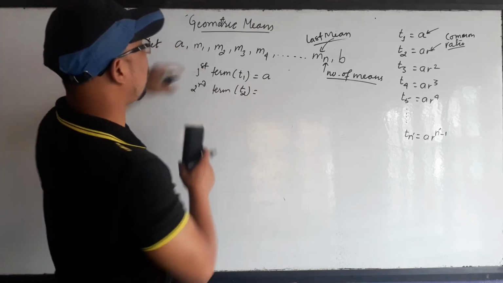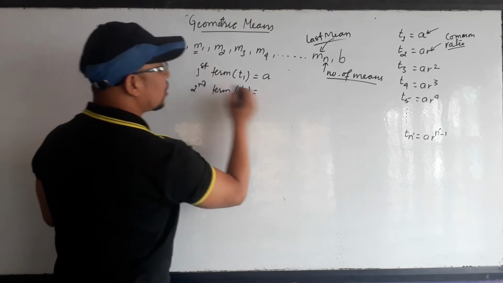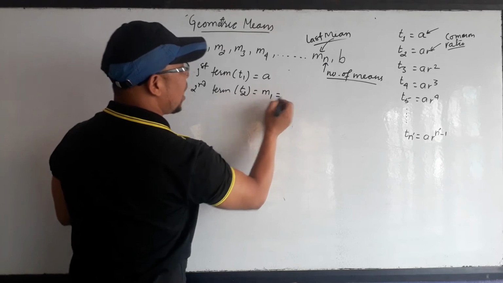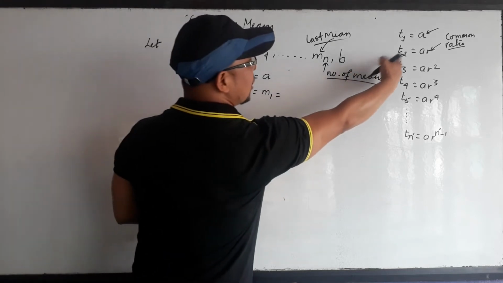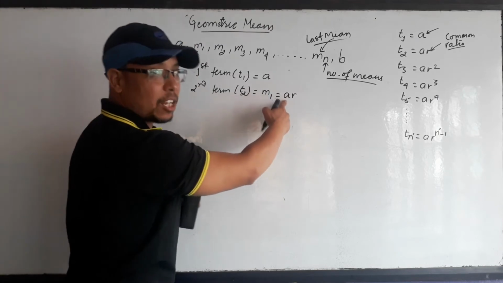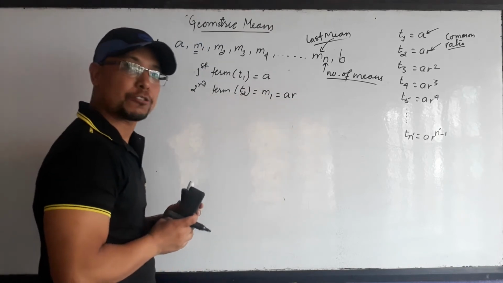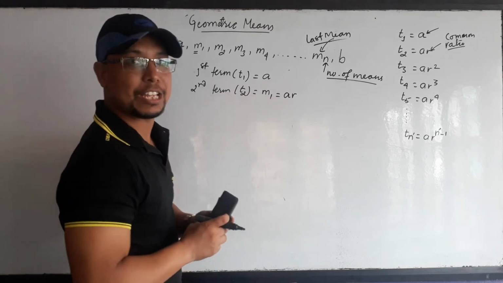So the second term is the first mean. The second term formula we know is A into R, so the first mean formula is AR. M1 is A into R.